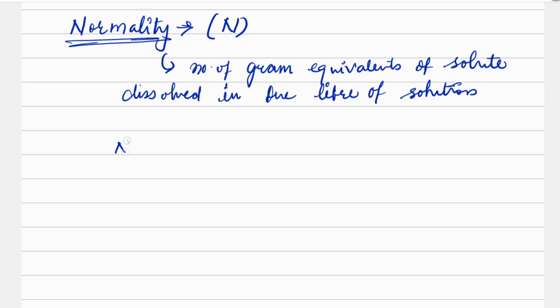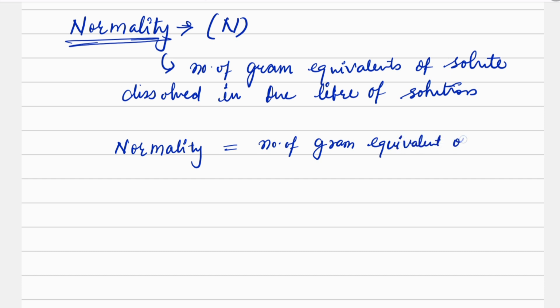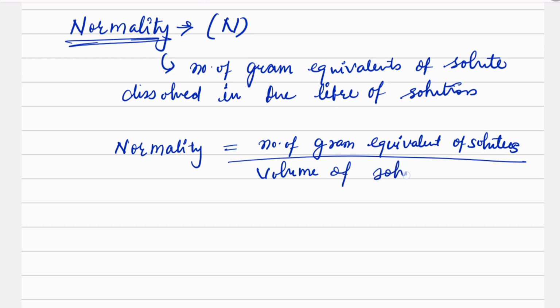Okay, so normality is equal to number of gram equivalents of solute divided by volume of solution in liters.